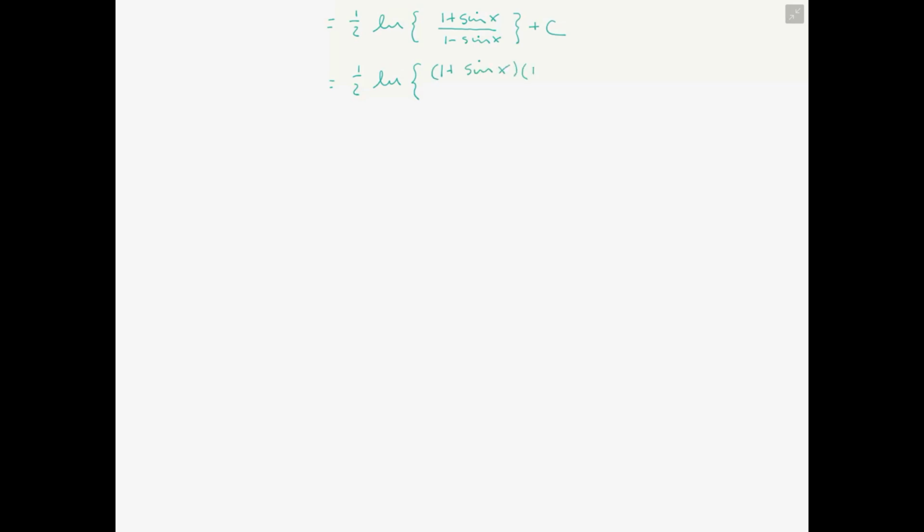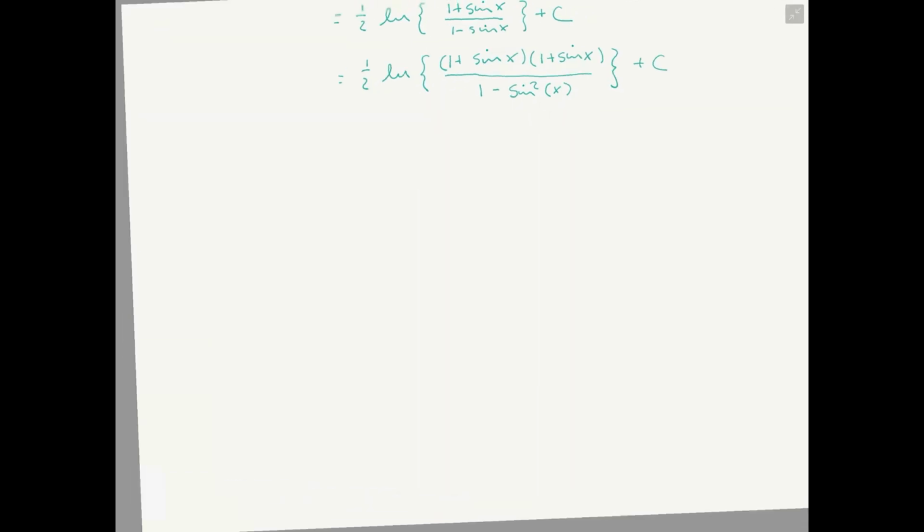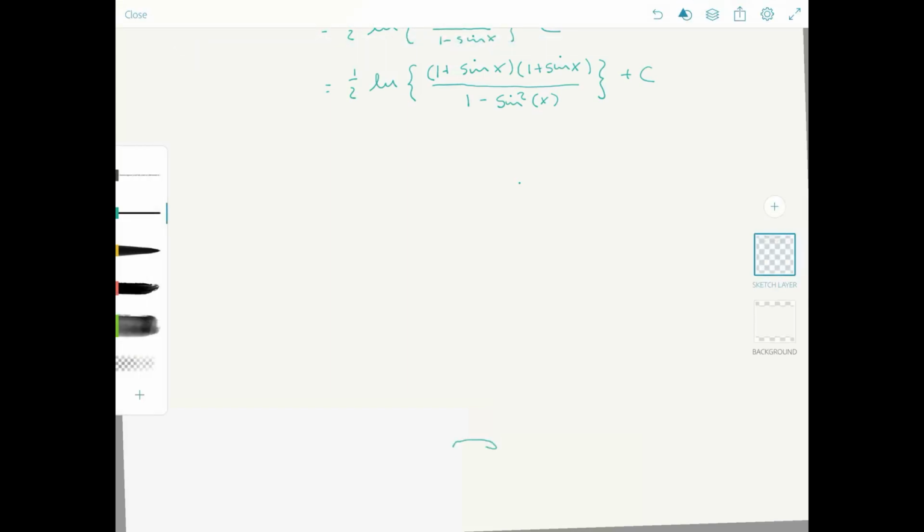We end up with 1 plus sine x squared in the numerator, divided by 1 minus sine squared of x, plus the constant. And we know the denominator is the identity of the cosine squared of x, and the numerator is 1 plus sine of x squared.